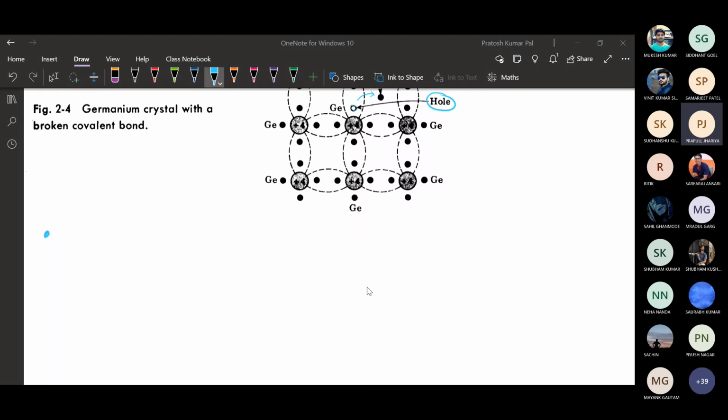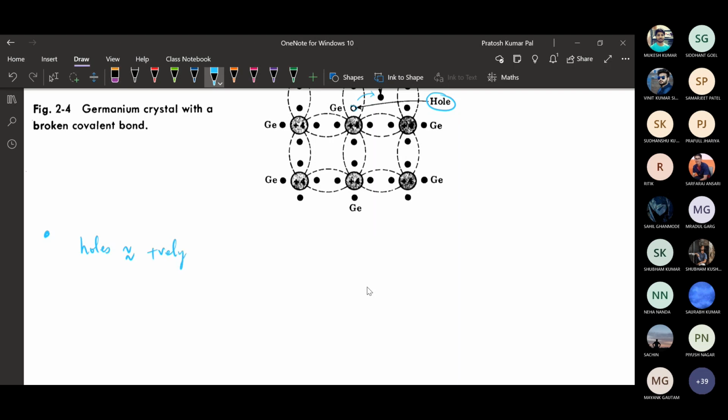We may say the carrier capabilities of holes are equivalent to the electrons. Holes are similar to electrons, but they have the opposite charge. Electrons are negatively charged, the holes are considered to be positively charged.